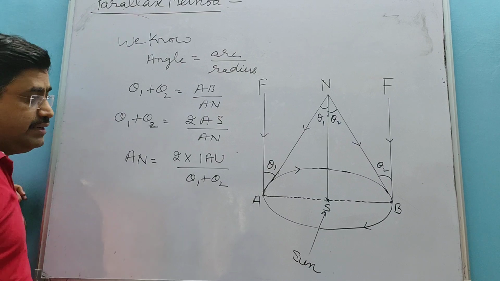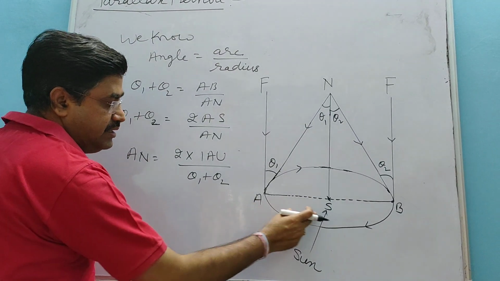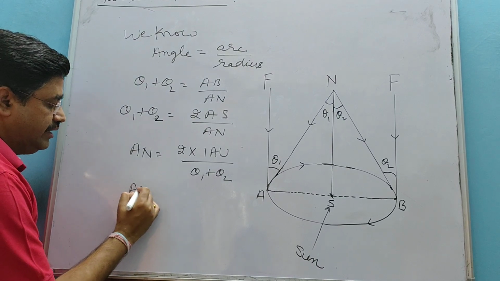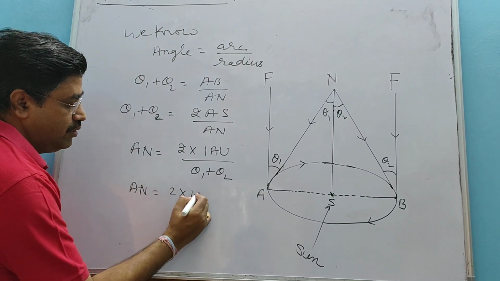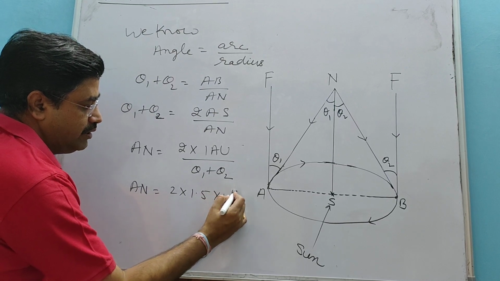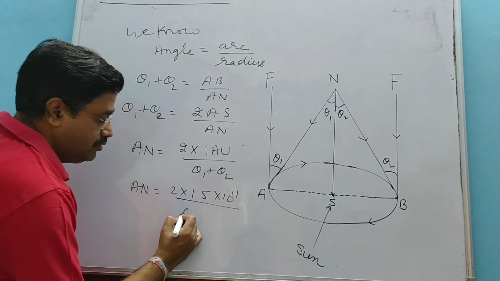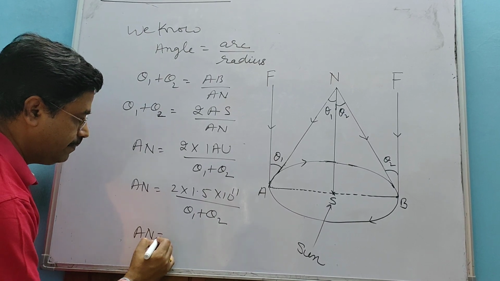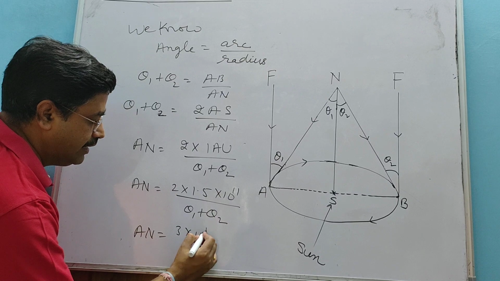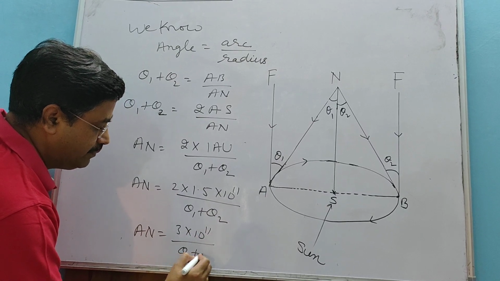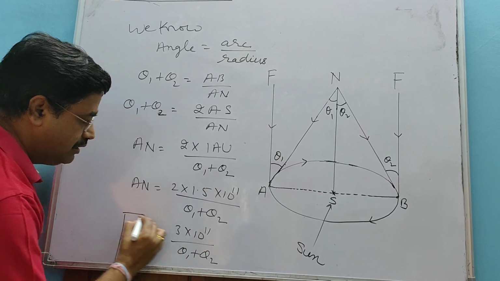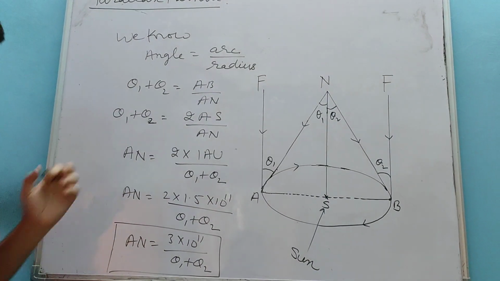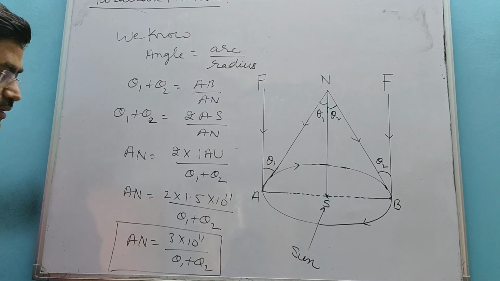We know that the distance between Earth and Sun is 1 astronomical unit. Okay, I can write AN equals 2 into 1.5 into 10 to the power 11 upon theta 1 plus theta 2. So AN equals 3 into 10 to the power 11 upon theta 1 plus theta 2. In this way we can find the distance of a nearby star from Earth.